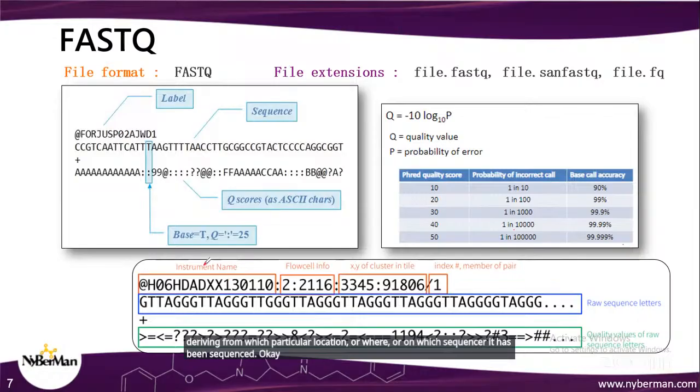So there is an instrument name, which is the sequencer name. Then we have the flow cell info. That is again the setup done for your instrument, because on the same instrument on which the sequencing is being done, we can modify the setup so that accordingly the sequencer can capture the sequences and their quality scores.